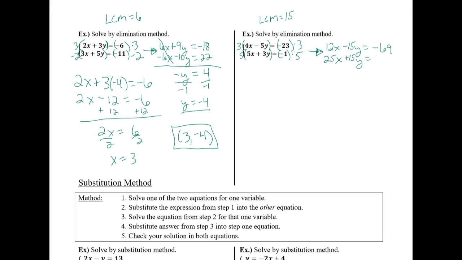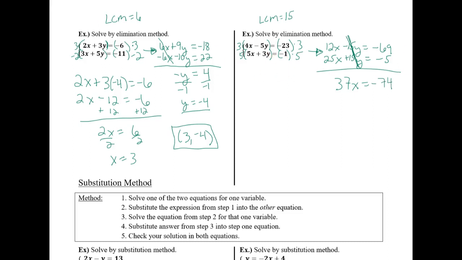And 5 times a negative 1 is negative 5. If I did it right, these should add up to 0. Negative 15y plus 15y is gone. 12x plus 25x would be 37x, equaling a negative 69 plus a negative 5 will end up negative 74.